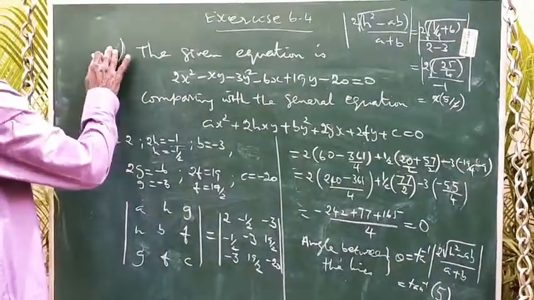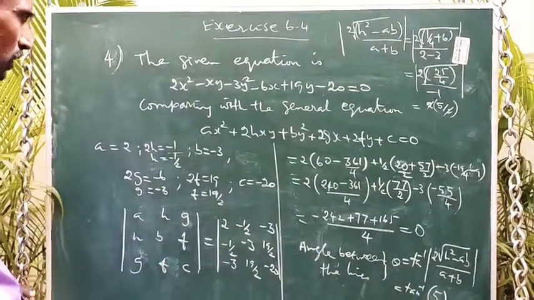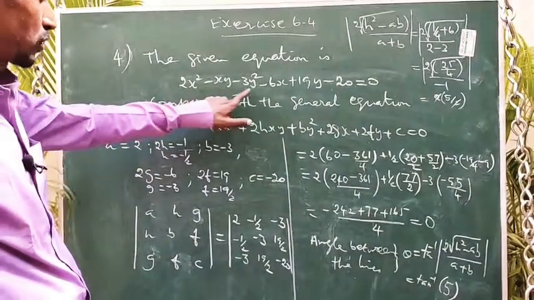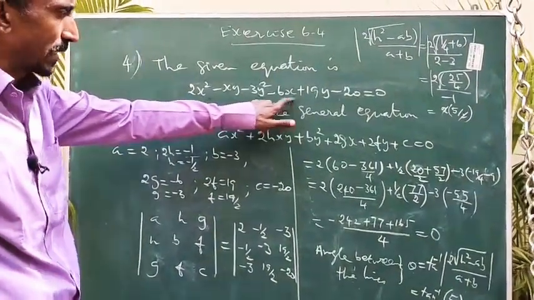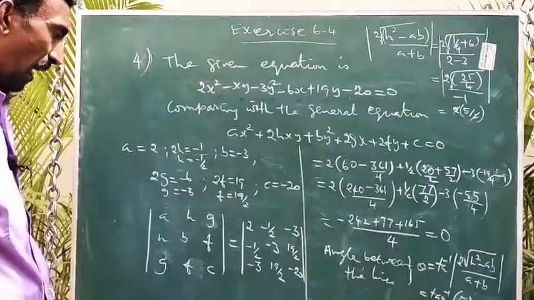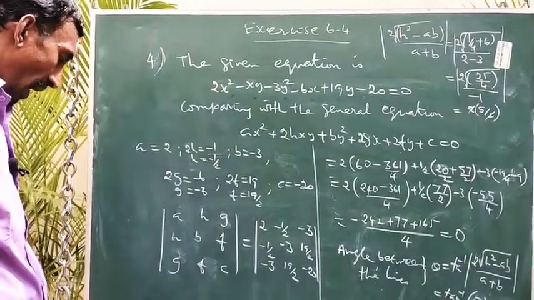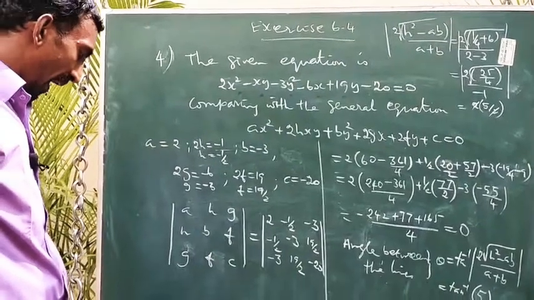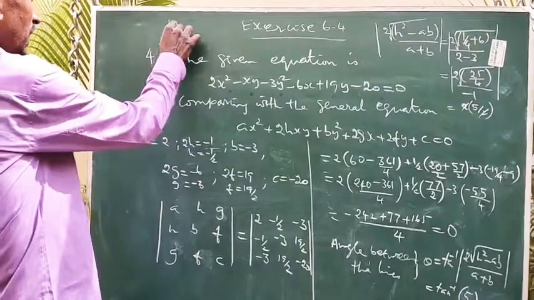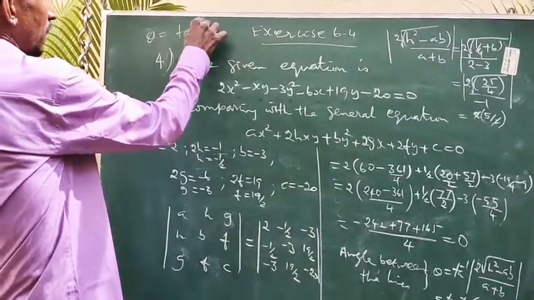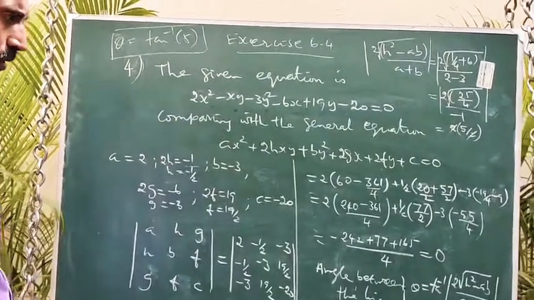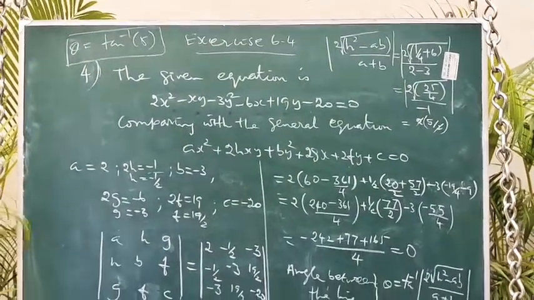Now question number 4 in exercise 6.4. The question is, show that the equation 2x square minus xy minus 3y square minus 6x plus 19y minus 20 equal to 0 represents a pair of intersecting lines, and show further that the angle between them is tan inverse of 5. Okay, angle between them theta equal to tan inverse of 5. So we have to show two things. Okay, so my dear student, listen.